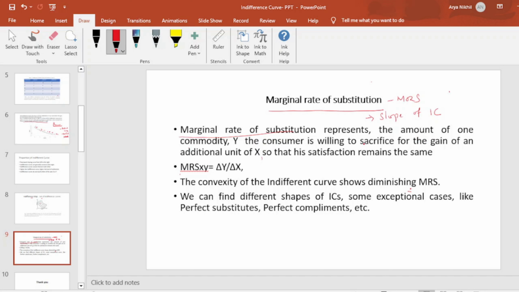We know that we have limited resources. So in order to get an additional unit, we have to reduce the consumption of other goods.